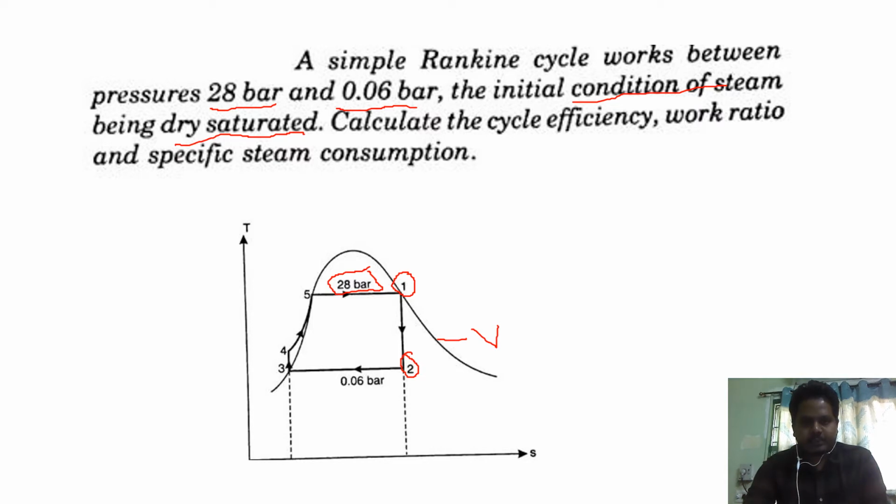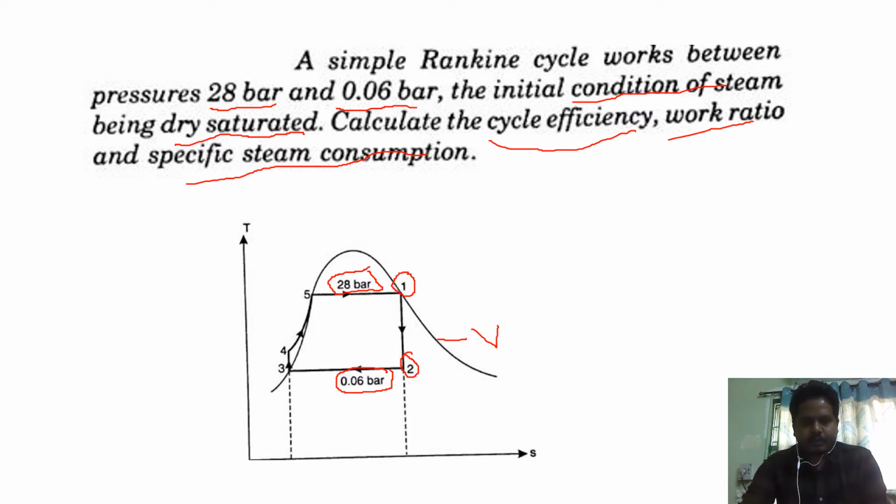After expanding through the turbine, the pressure is 0.06 bar, as given in the problem. Here we have to calculate the cycle efficiency, work ratio and specific steam consumption. Let me explain this TS diagram.